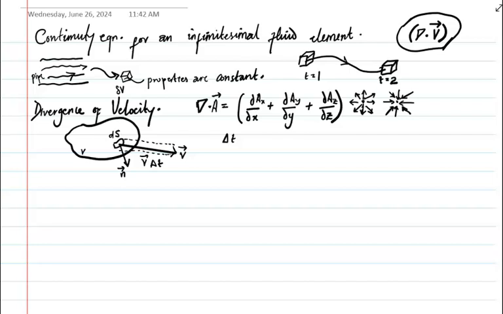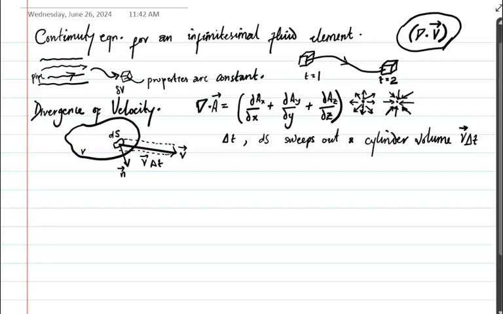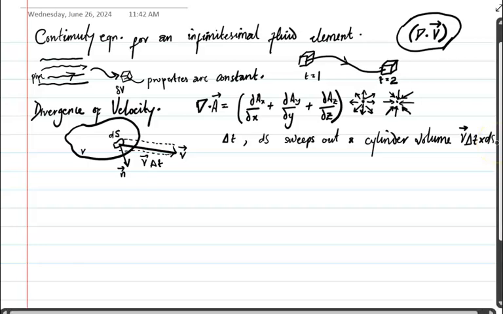So in time delta t, dS sweeps out a cylinder of volume v delta t. Volume is base area times height, so this is the height and the base area is dS.